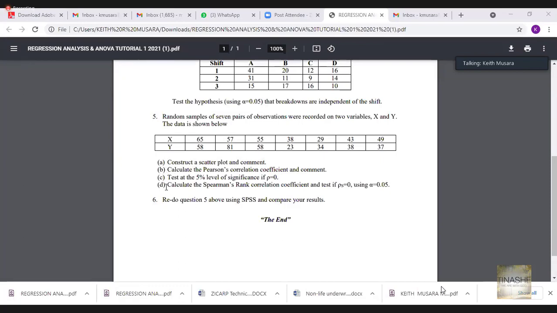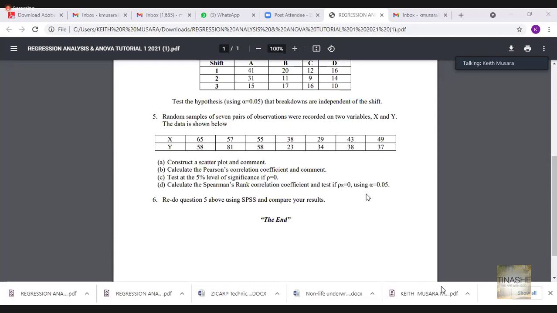In C, test at the 5% level of significance if rho is equal to 0. In D, calculate the Spearman's correlation coefficient and test if rho S is equal to 0 using alpha equal to 0.05. Now we can go to SPSS and try.